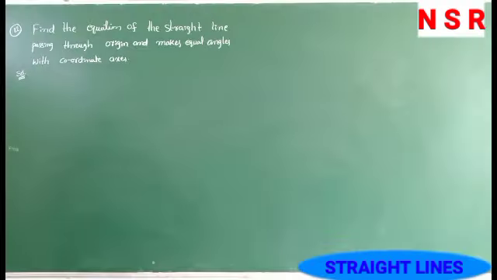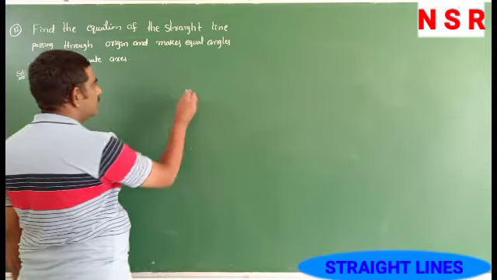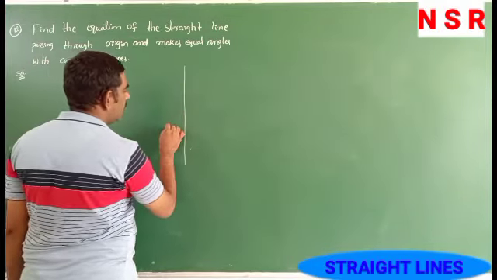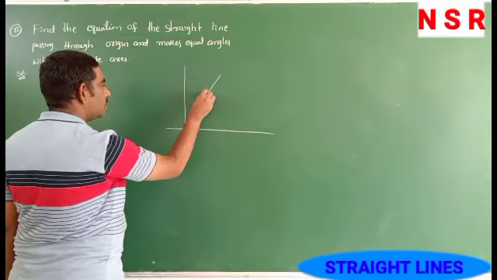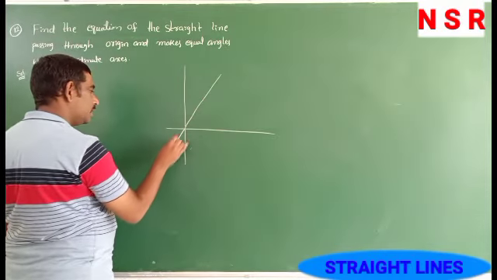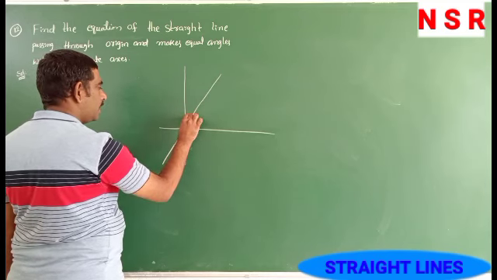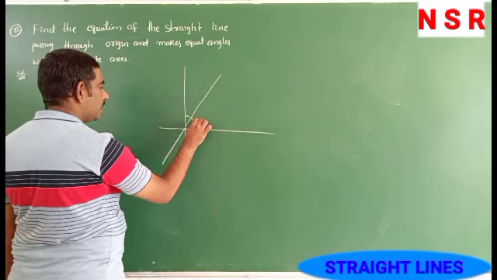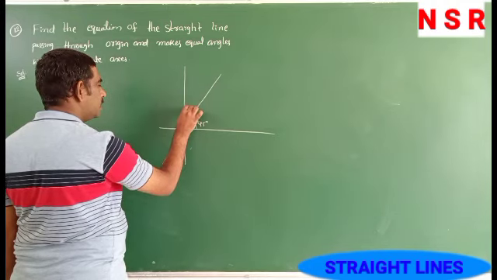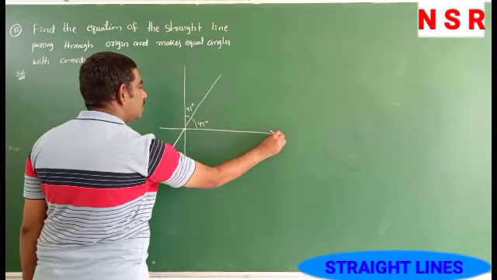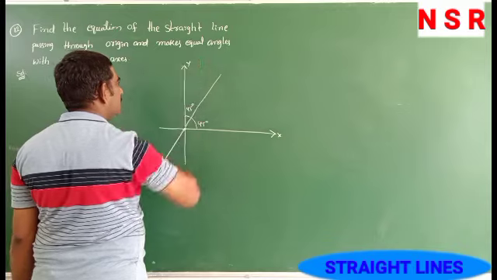So next, question number 12: find the equation of the straight line passing through the origin and making equal angles with the coordinate axes. So the given line passes through the origin, and we have to find the straight line equation. It is passing through 0 comma 0 and makes equal angles with the coordinate axes, meaning 45 degrees, since this straight line makes equal angles with both the x axis and the y axis.